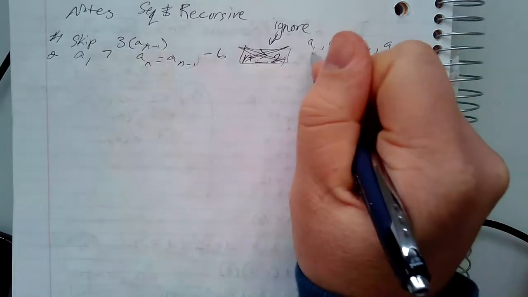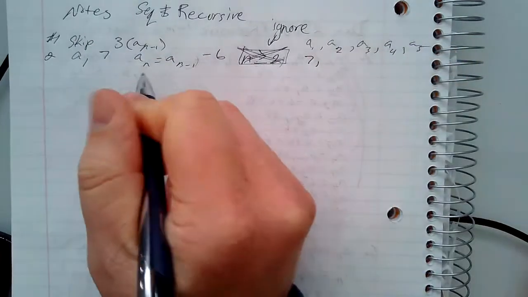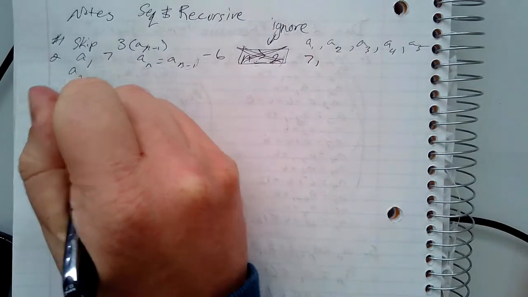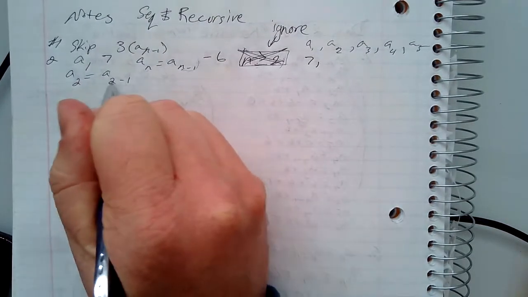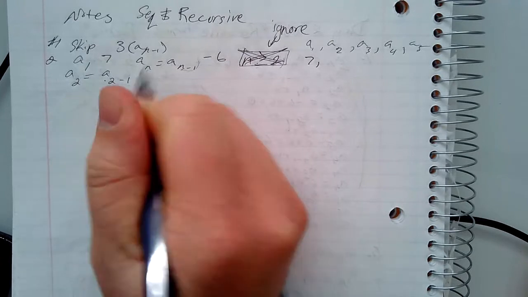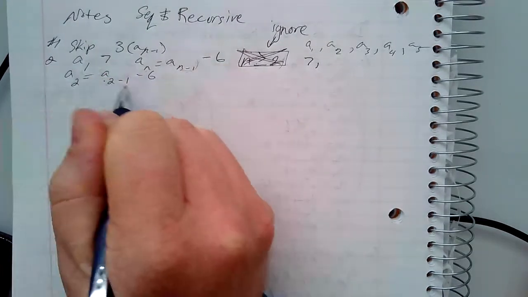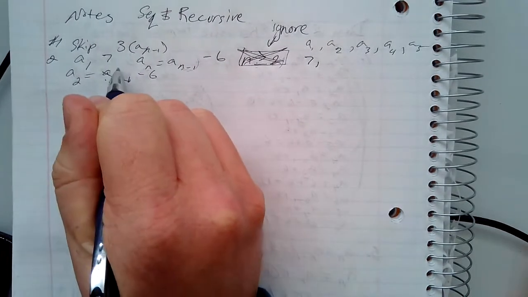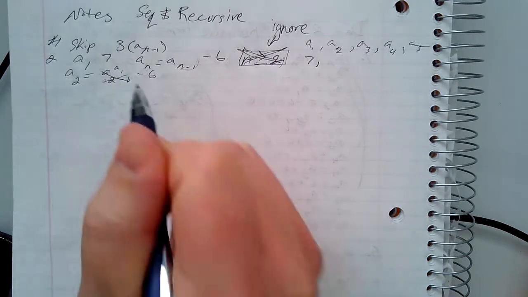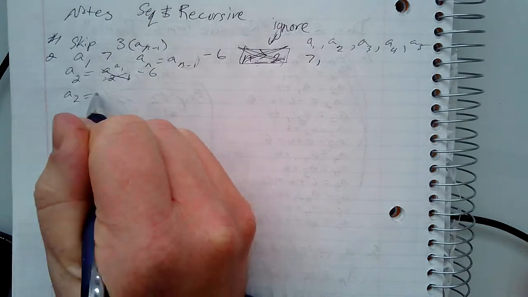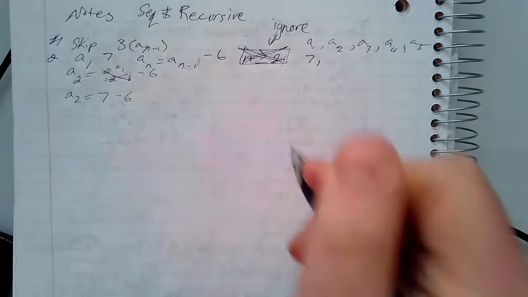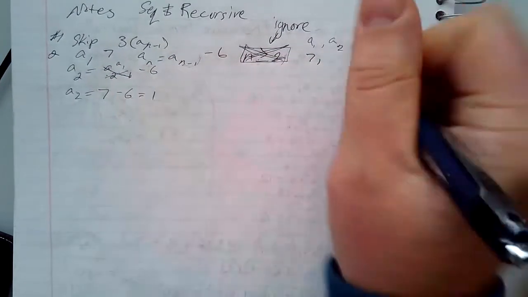Okay, we're given a sub 1, which is 7. So to find a sub 2, we're going to use this formula, which is a sub 2 minus 1, which is a sub 1, right? Minus 6. And we know a sub 1 is 7. So a sub 2 is equal to 7 minus 6, which is 1.